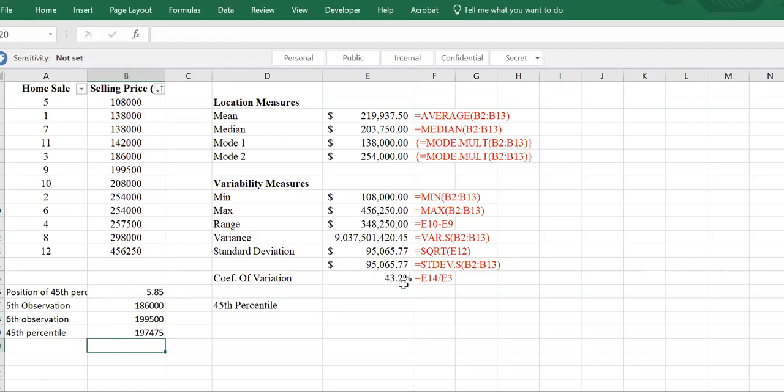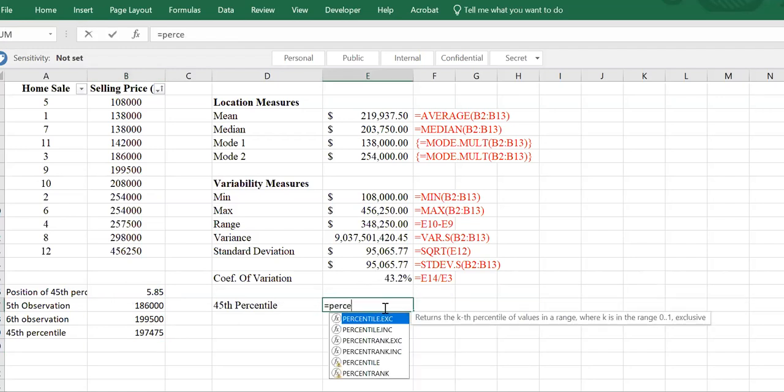Well, you don't have to do this. When it comes to Excel, you can just use percentile. There are two functions in Excel, percentile.exclusive and percentile.inclusive, but the difference is very, very minor. Doesn't really matter which one of these two you use. Most of the time they're the same, and they can be slightly different.